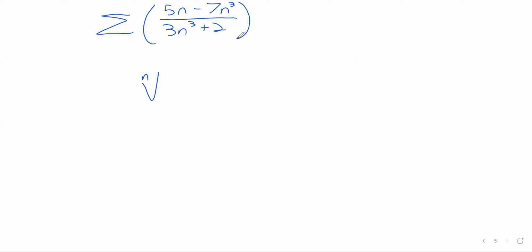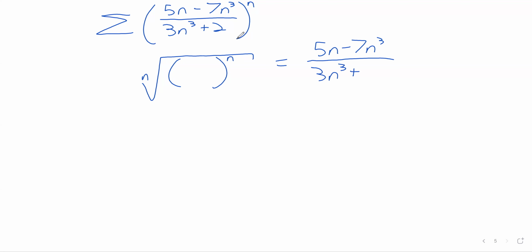If we didn't have the absolute value, we take the nth root of this whole thing, feeling a little lazy, I guess. The nth root and that nth power cancel each other out. This converges to -7/3. -7/3 is certainly less than 1, but this series does not converge.